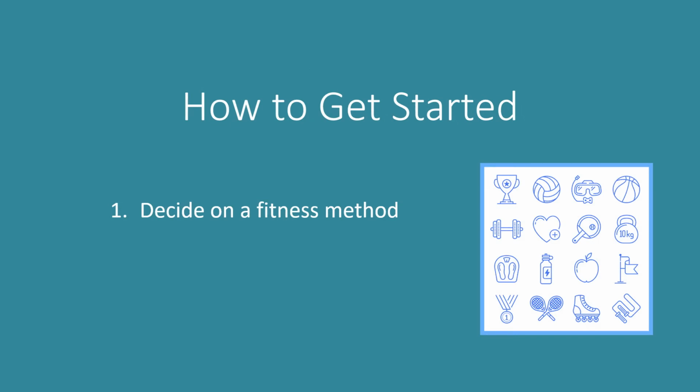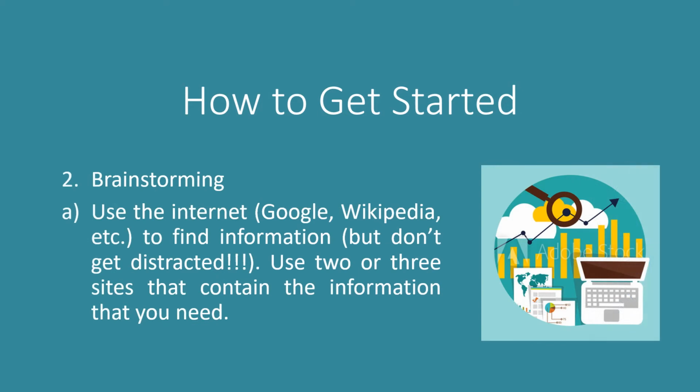When you get started, first of all, you need to decide on a fitness method, obviously. The second step is to start brainstorming ideas. You can use the internet, such as Google, Wikipedia, articles on online newspapers and things like that, in order to find information.